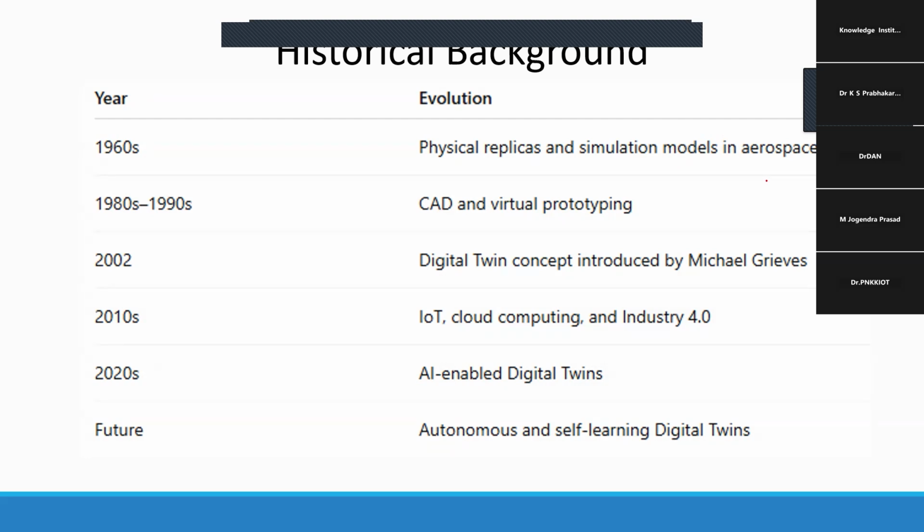Organizations such as NASA developed physical replicas and simulation models of spacecraft systems. During the NASA missions, engineers used these ground-based models to understand behavior and troubleshoot problems remotely. This was the first step towards the digital twin concept.